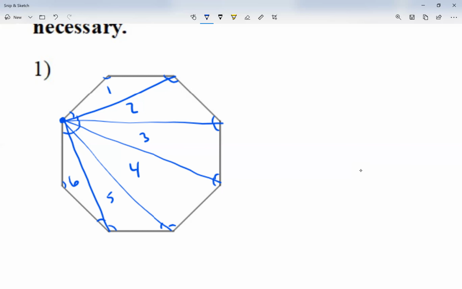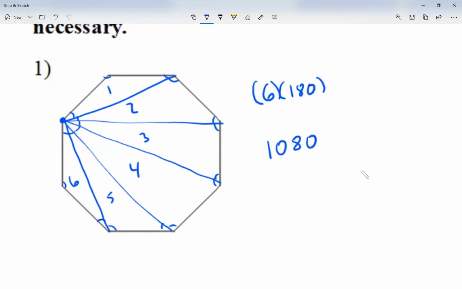Now here, I have 6 triangles. So I want to know how much are the angles of 6 triangles. So I'm going to go 6 times 180. Now 6 times 180 is 1,080. So that's it. All the angles add up to 1,080.